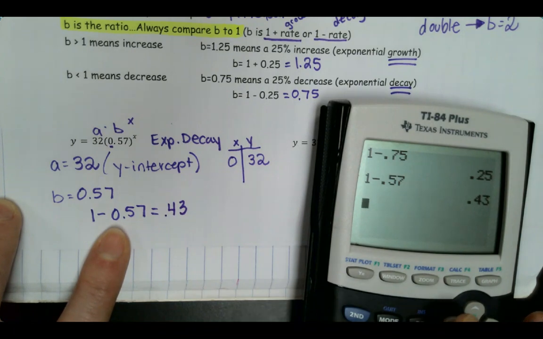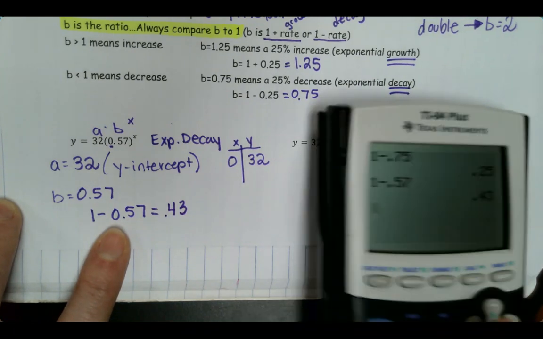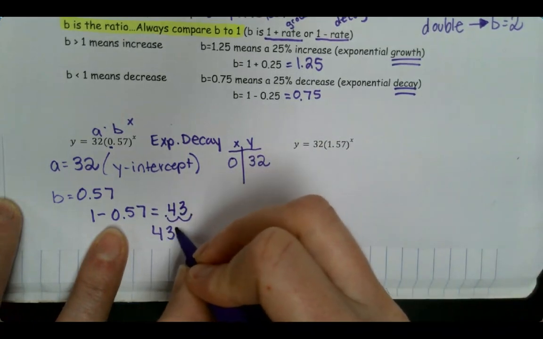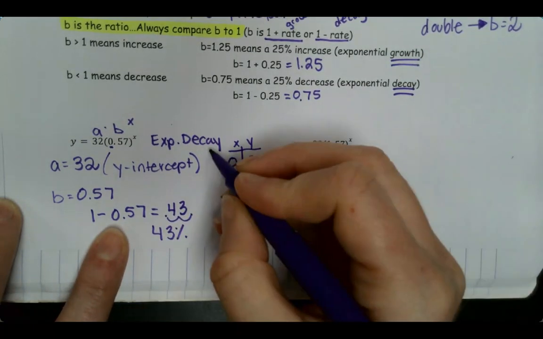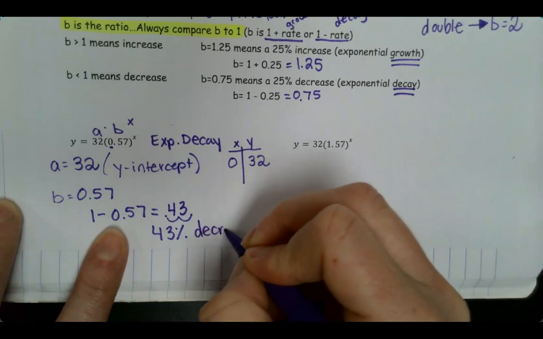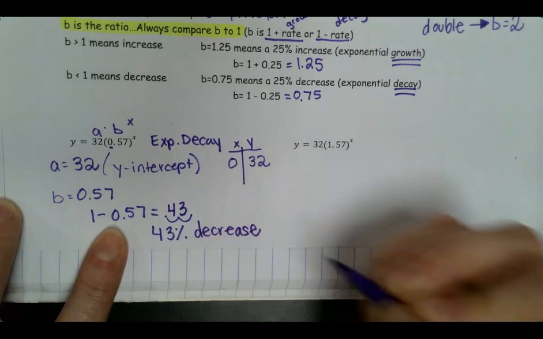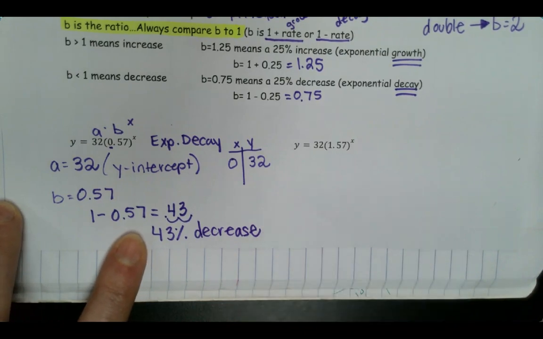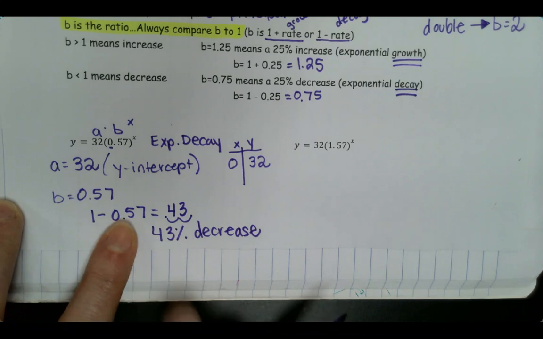So to change this to a percent, you would just move your decimal over 2 places. 43%. It's decay, so it's decrease. This is where a lot of people made their mistake on the benchmark and on other questions like this. They wanted to say it's a 57% decrease, but it's not.